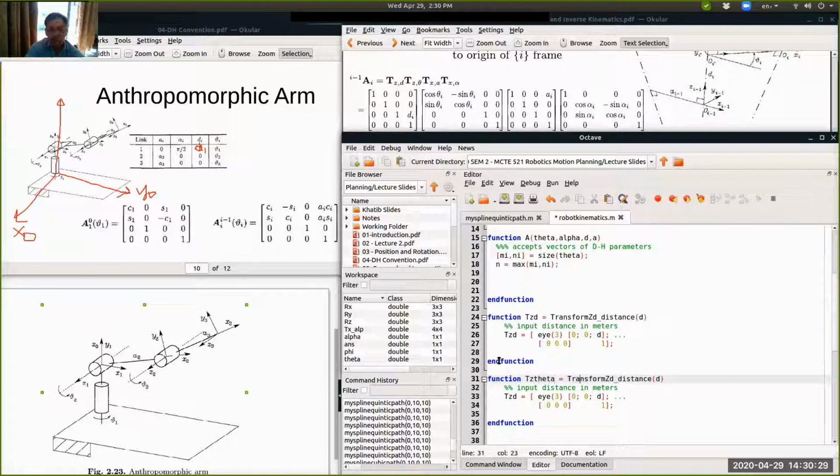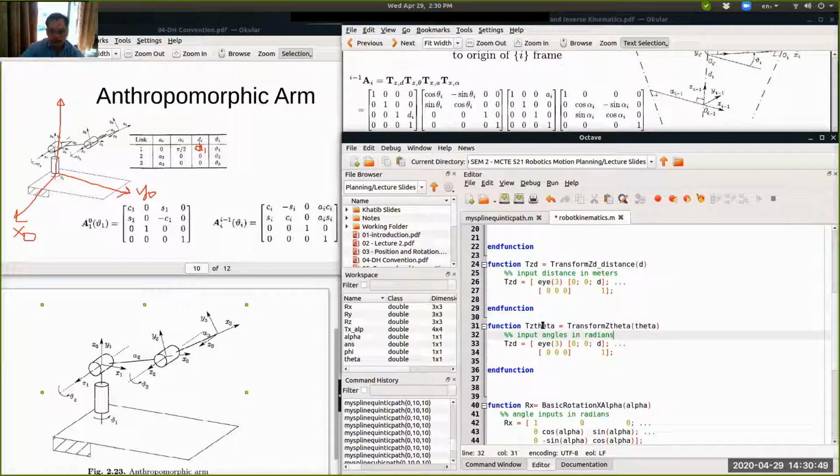And so transform Z, and then you have theta, and then here theta, and then input angles in radians. Then TZ theta, you're going to change that.